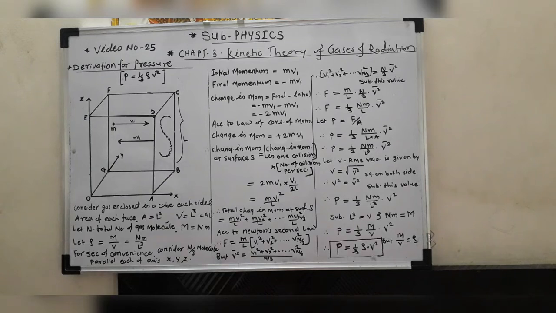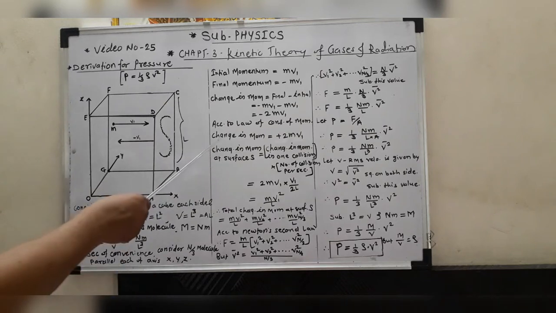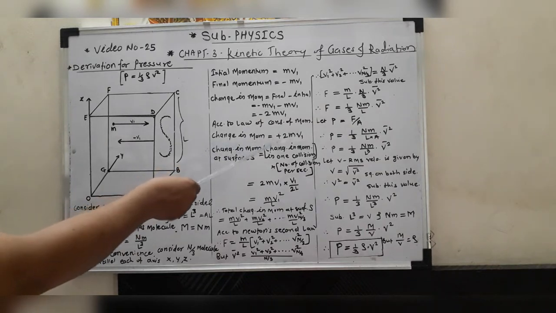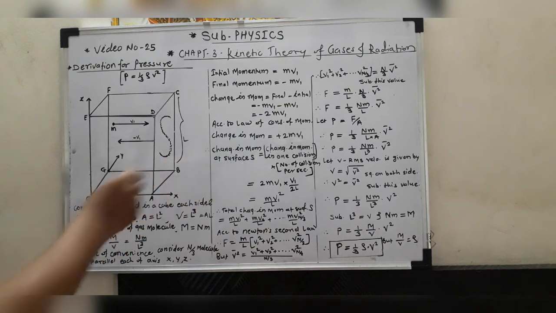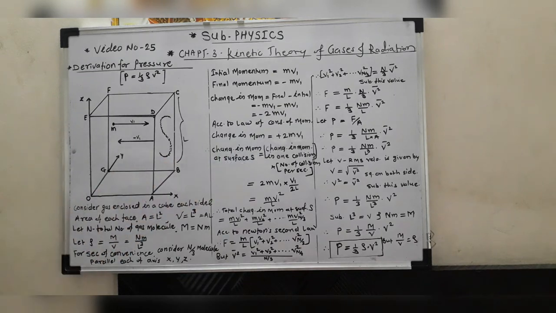But according to the law of conservation of momentum, there is no loss of momentum. Therefore, according to this law, the change in momentum, instead of minus, we can write plus twice mv1, because according to this law there is no loss.